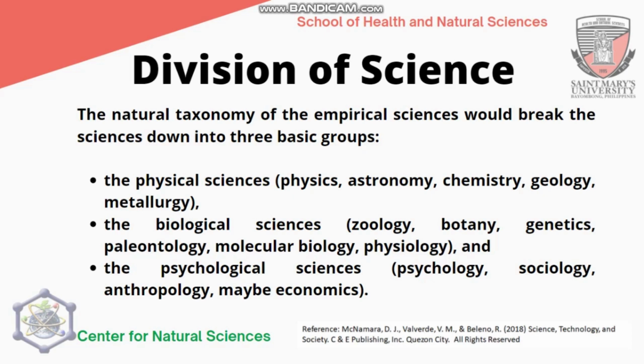Second, the biological sciences, zoology, botany, genetics, paleontology, molecular biology, physiology. So more on the life sciences. And we have also the psychological sciences, such as psychology, sociology, anthropology, and maybe economics. So more on the behavior, more on the society, and pertaining to human interactions.